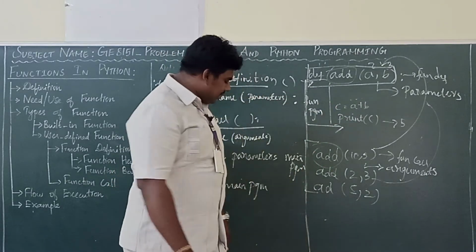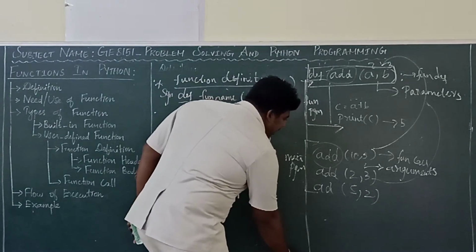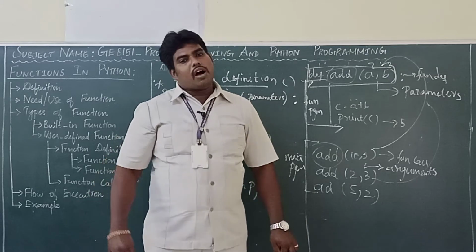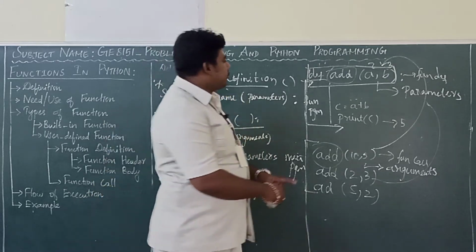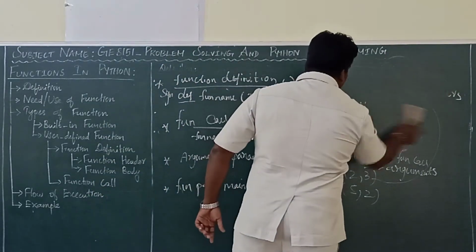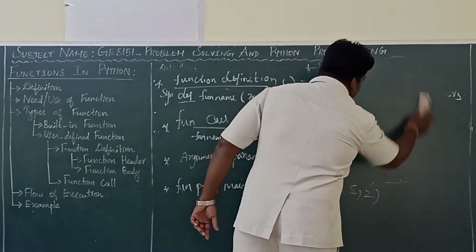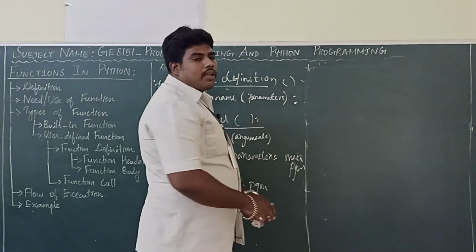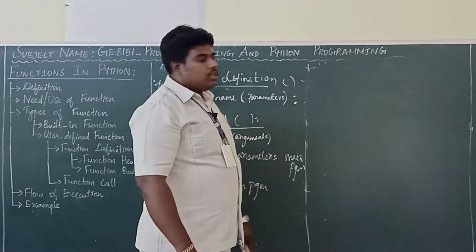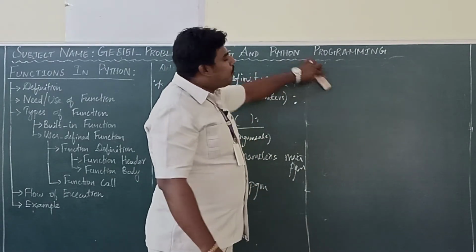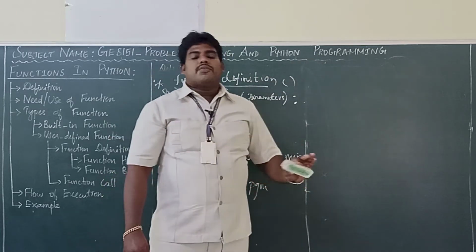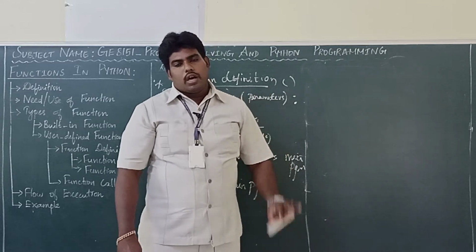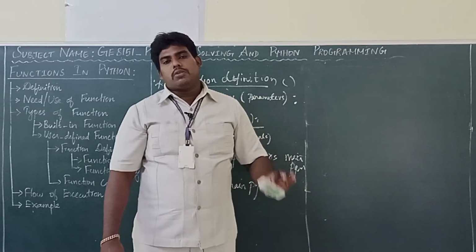Now we can see one example, so you will get a clear picture about the function, and there I will explain the flow of execution. All of you got it? So here I am going to write a function program, addition of 3 numbers. For finding the addition of 3 numbers, how many values are required?